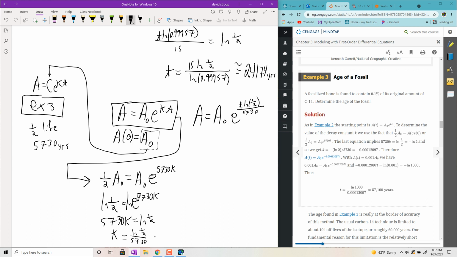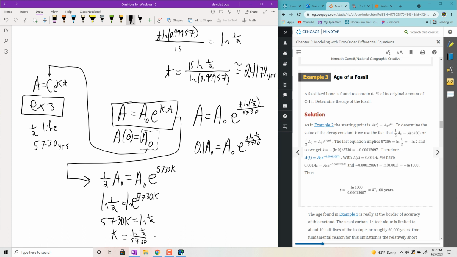The problem is saying that 0.1% of the original amount of carbon-14 is left. So what you do is say, all right, A sub 0 e to the t ln of 1/2 all over 5730 equals currently 0.1 of the original amount.